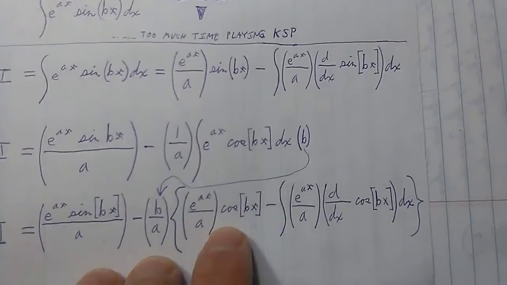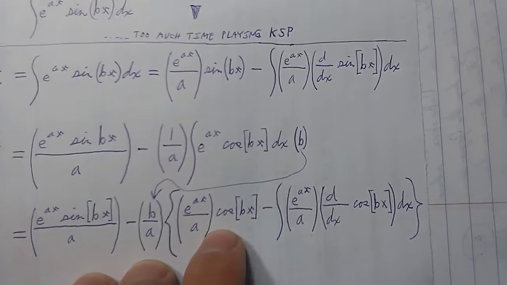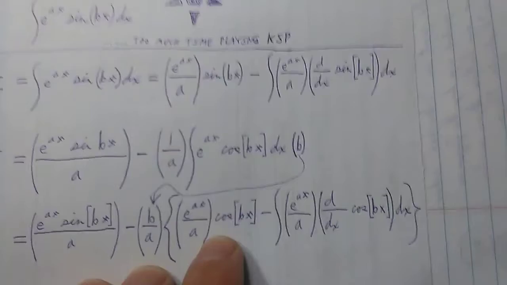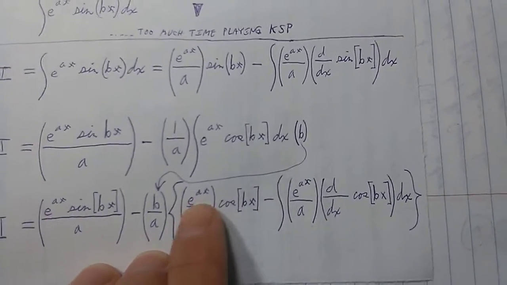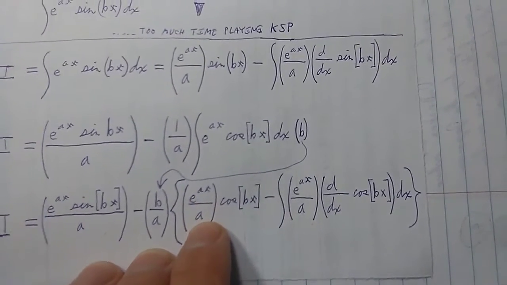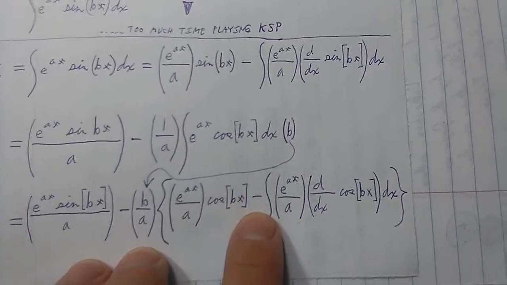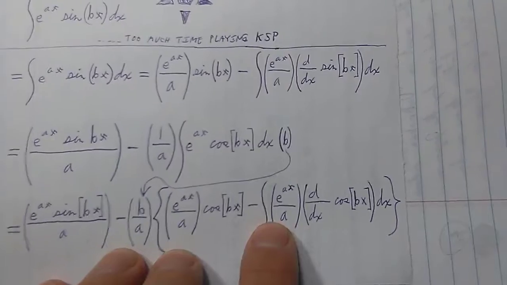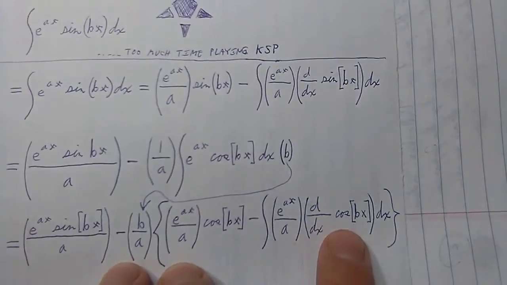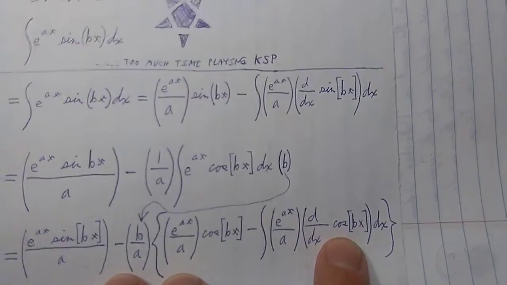What we do is we end up doing integration by parts all over again on this integral. So now we have the same thing, e to the ax divided by a, just like last time, multiplied times cosine bx, minus e to the ax over a times the derivative of cosine of bx this time.